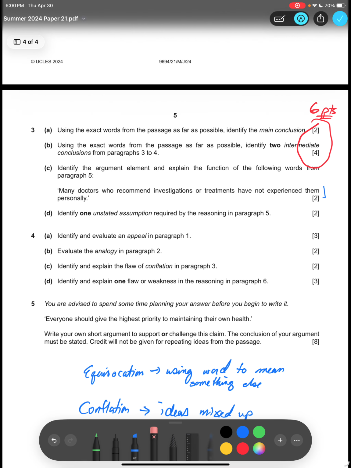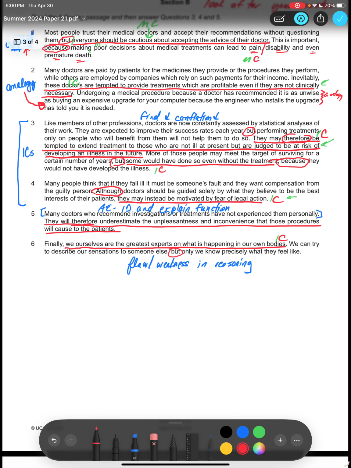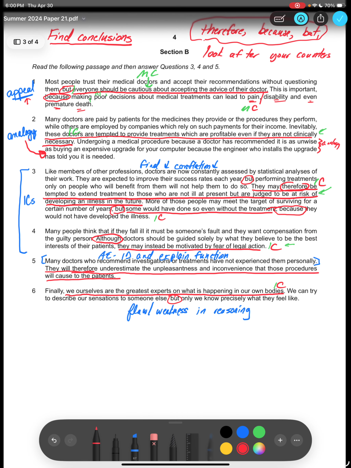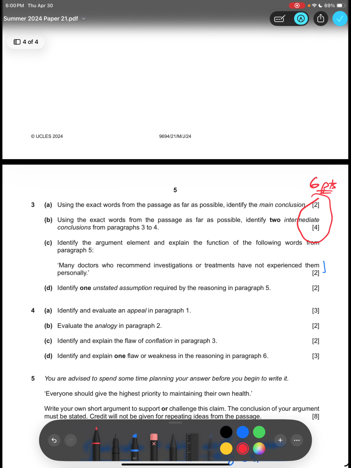We have evaluated this paragraph now. Okay. The first sentence is, everyone should be cautious about accepting the advice of their doctor.